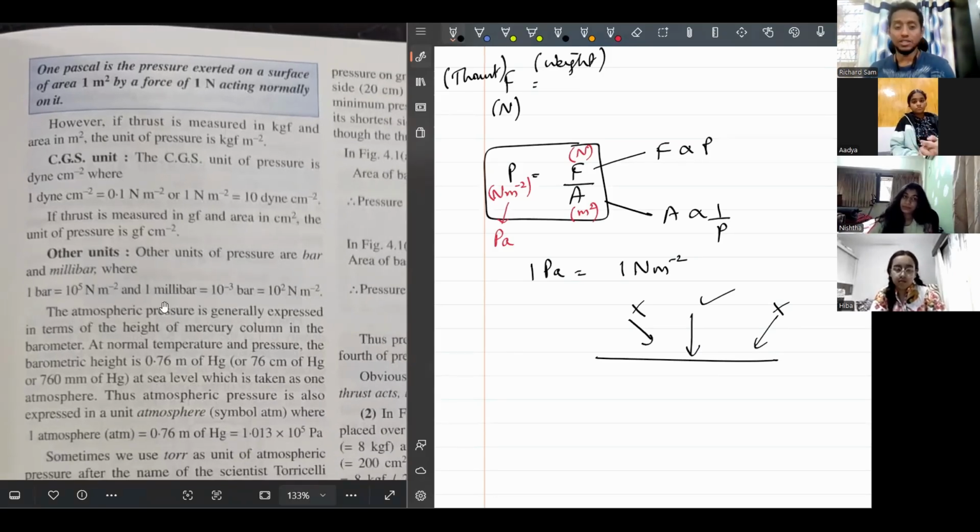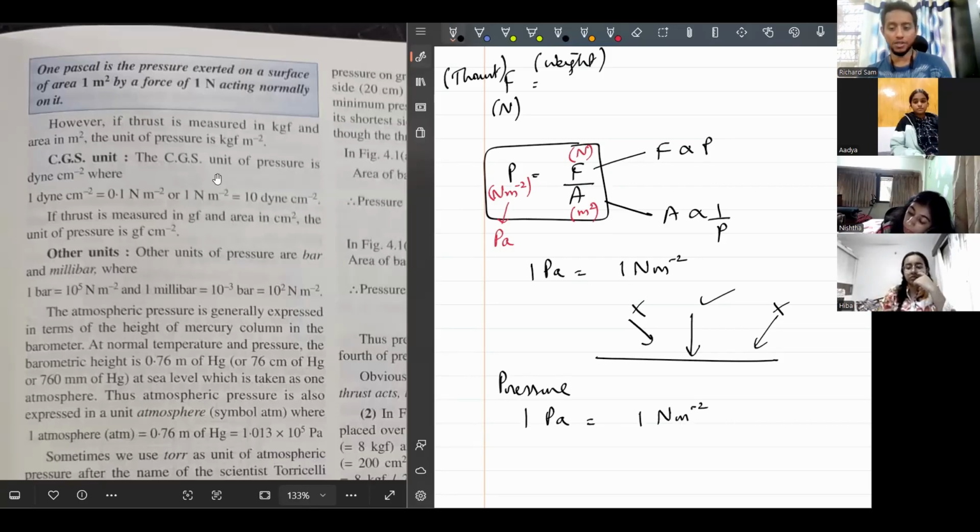Now there are other units other than Pascal for pressure. The standard unit is Pascal, and we know that 1 Pascal is equal to 1 Newton per meter square. Now you have the CGS unit for pressure. In the CGS unit, you convert both the units, Newton and meter, to the smaller unit.